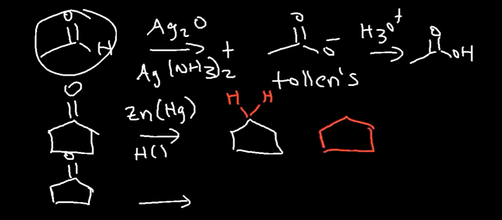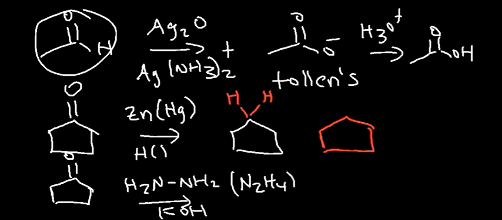Now, another reaction that can accomplish the same result, but under basic conditions, is the Wolff-Kishner reaction. You need to add hydrazine, which is H2N NH2, or it can also be written as N2H4. And this will also reduce the ketone into an alkane. It can reduce aldehydes as well, by the way.